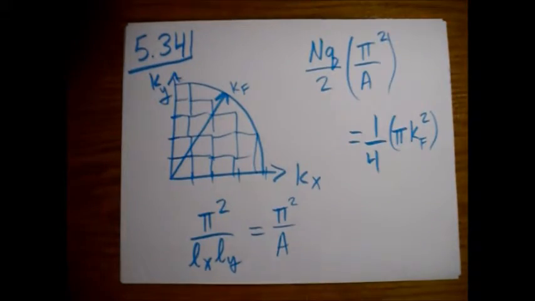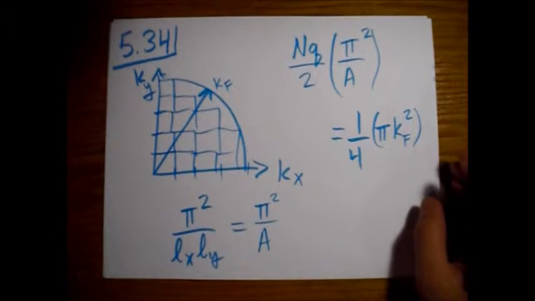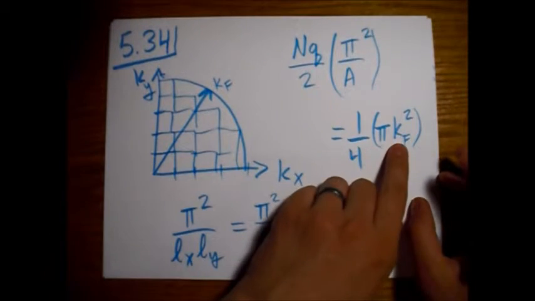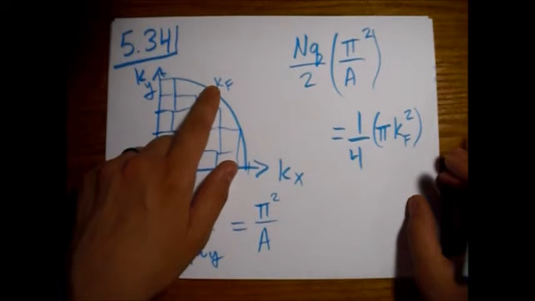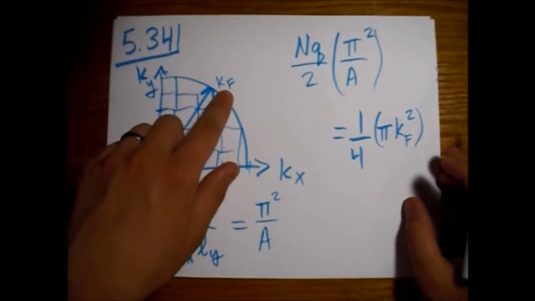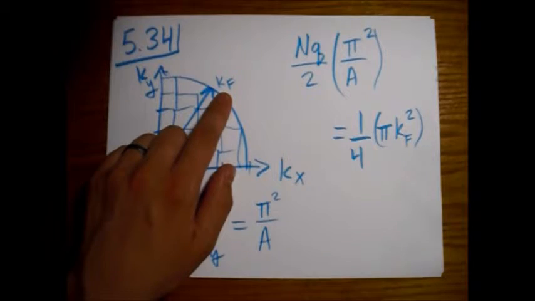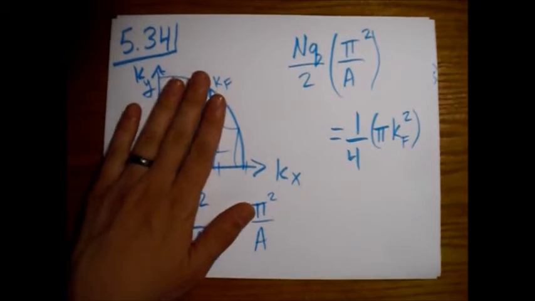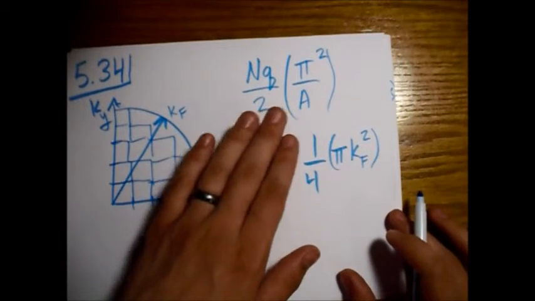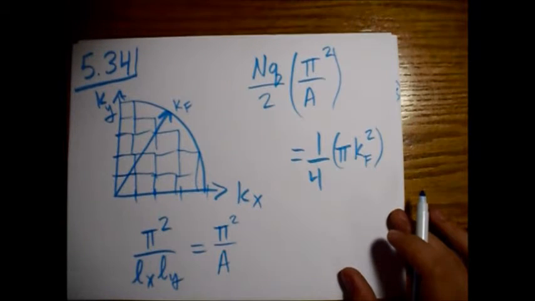Griffiths deals with this in footnote 14. So this k at the Fermi energy is just the radius of this. All of this hinges on this being equal to this.